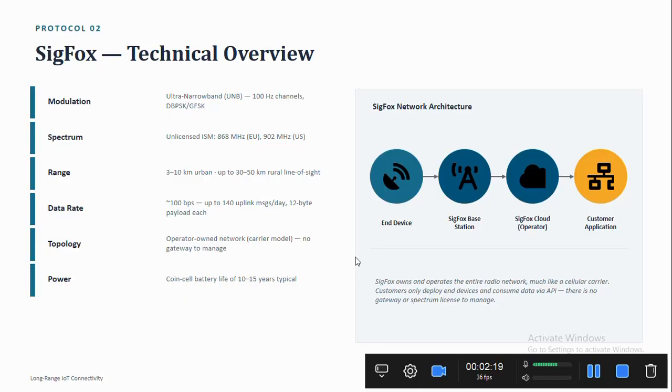And it has a topology of an operator-owned network, that is the carrier model, and no gateway to manage it, because the topology gives more additional care over this carrier model.